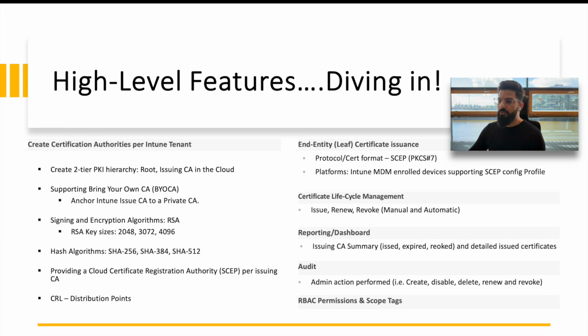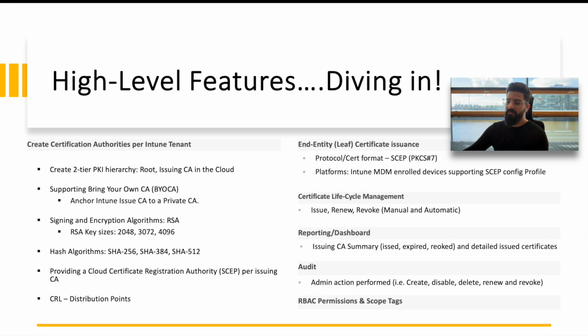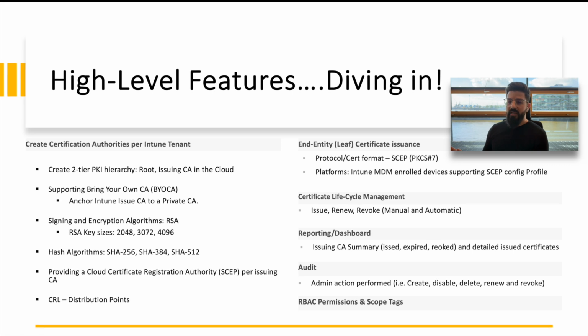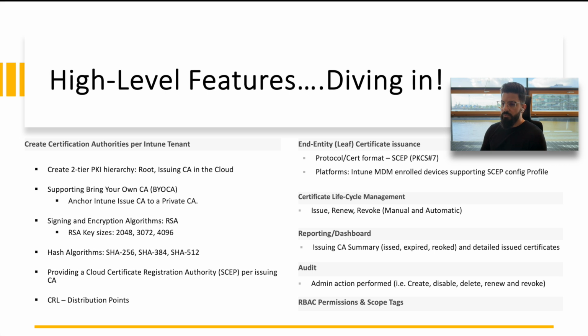Either you can create one root with multiple issuing CAs underneath it, or you can create multiple roots with corresponding issuing CAs underneath. How you choose to deploy is totally up to you.